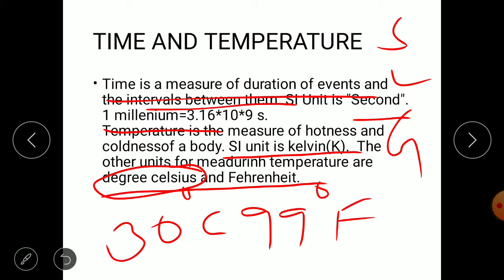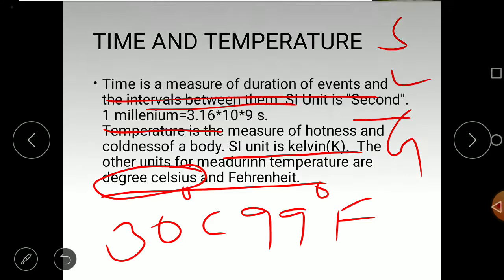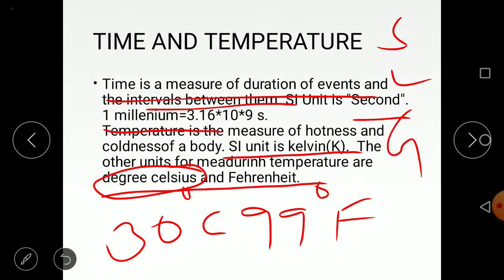These three points meet at a particular point, which we call the triple point of water. So that triple point is used to measure the temperature, like Kelvin.